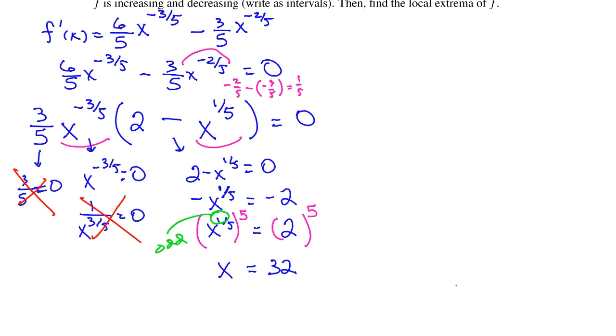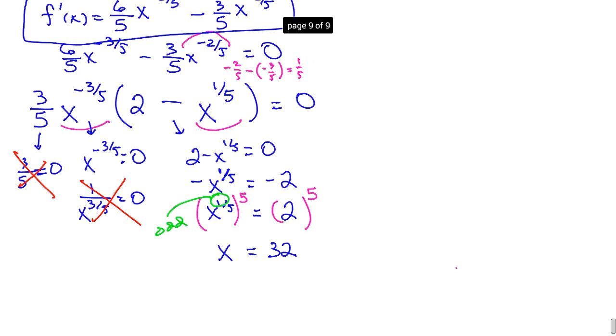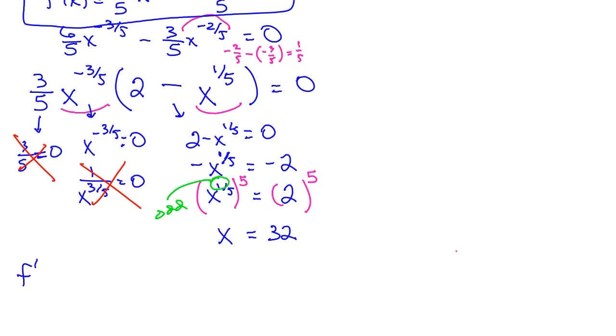What about the other one? Well, if you look at f prime up here, you see that we have x with negative exponents. So f prime is really 6/5 times 1 over x to the 3/5 minus 3/5 times 1 over x to the 2/5.